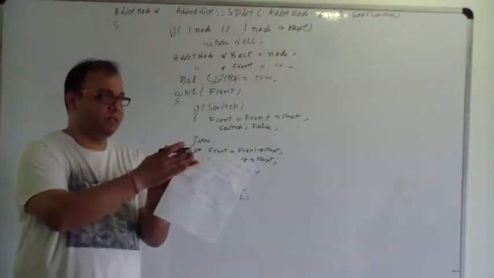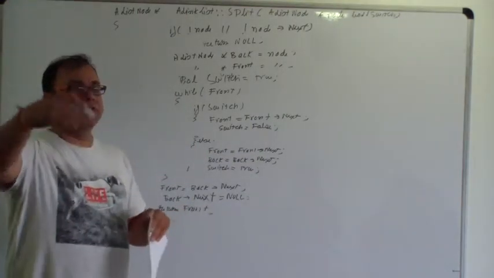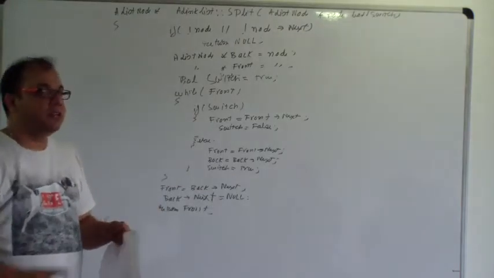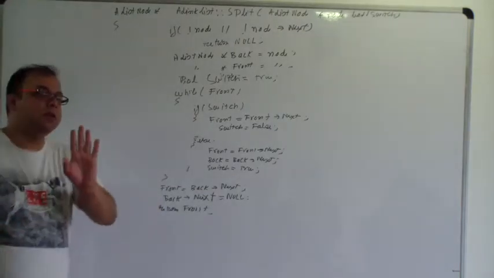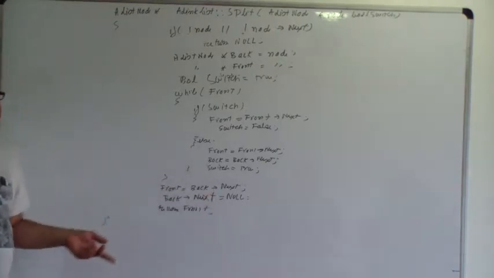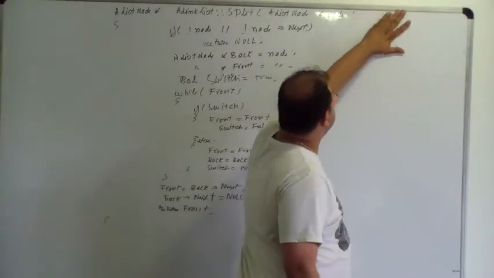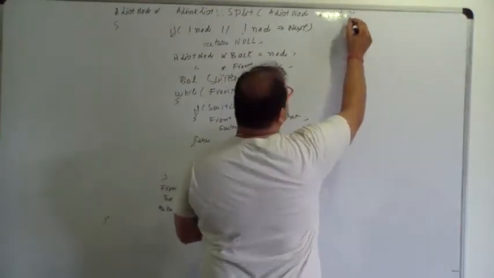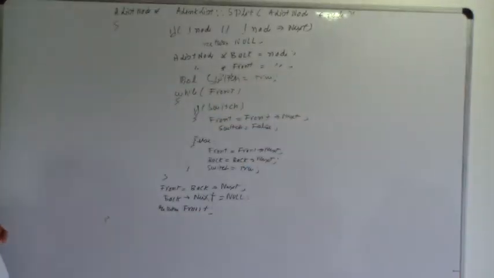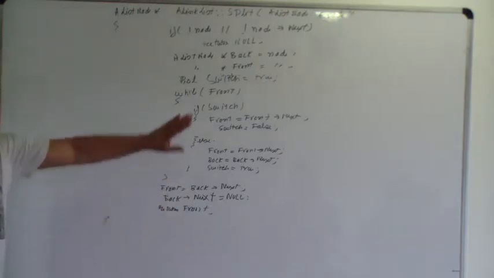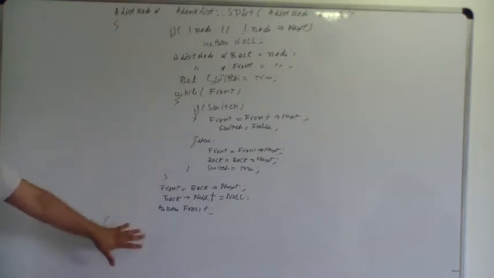Like if you do fast is equal to fast arrow next, then it might break in one condition. Try it out. No, we are not using that switch in the parameter. Oh yeah, sorry, that's my mistake. I started thinking about a different function. So that switch is not required. This is what it is.